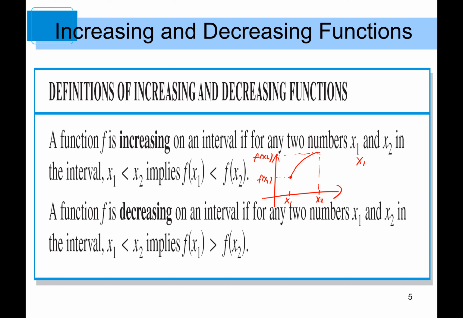So if x1 is less than x2, because x1 is on the left-hand side of x2, then it's guaranteed that f of x1 is less than f of x2, meaning the y value at x equals x1 is smaller than the y value at x equals x2. That means it's an increasing interval.